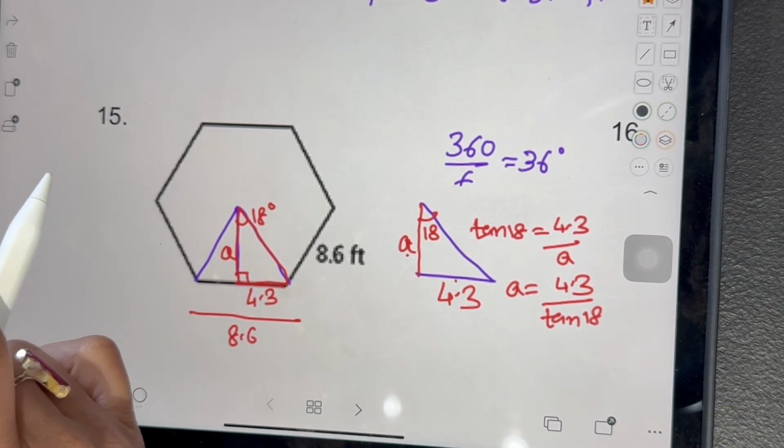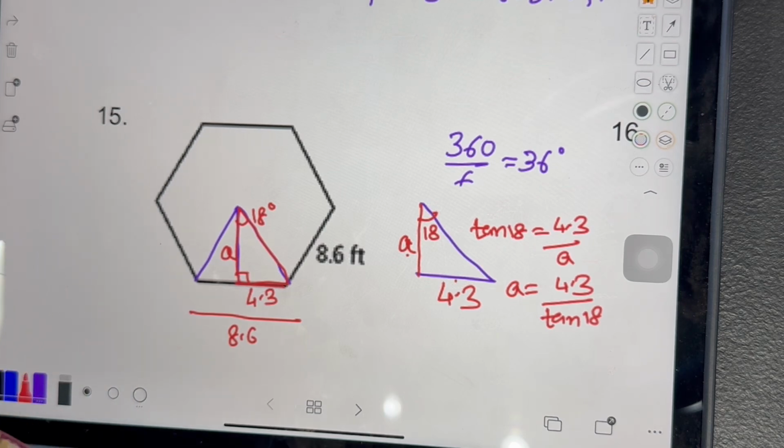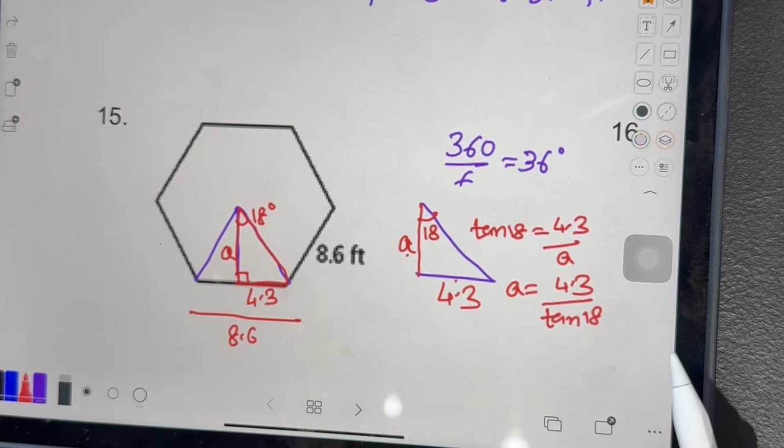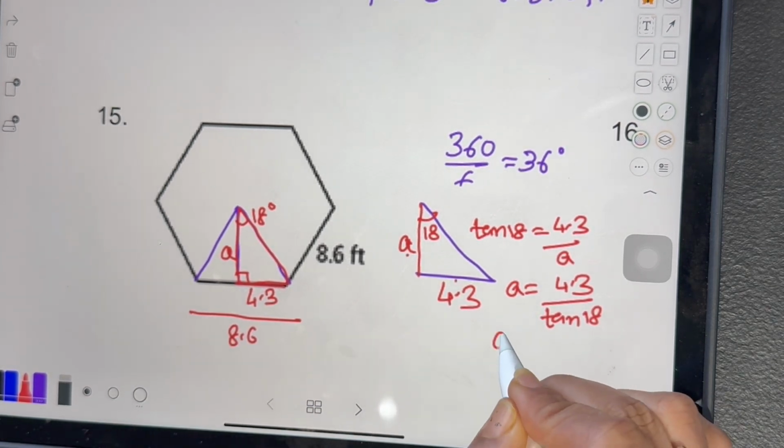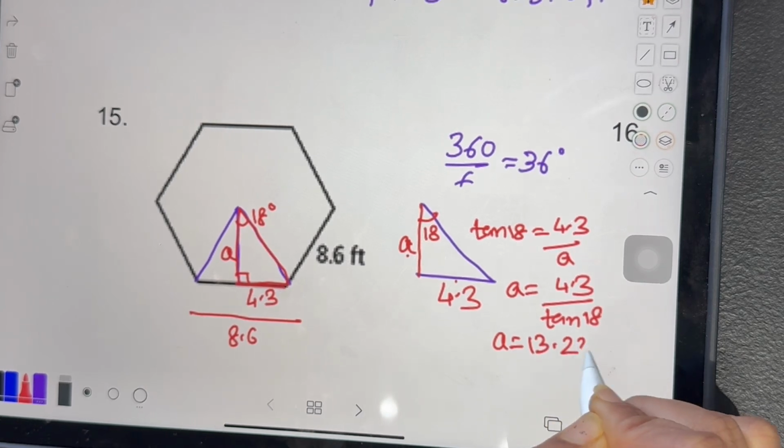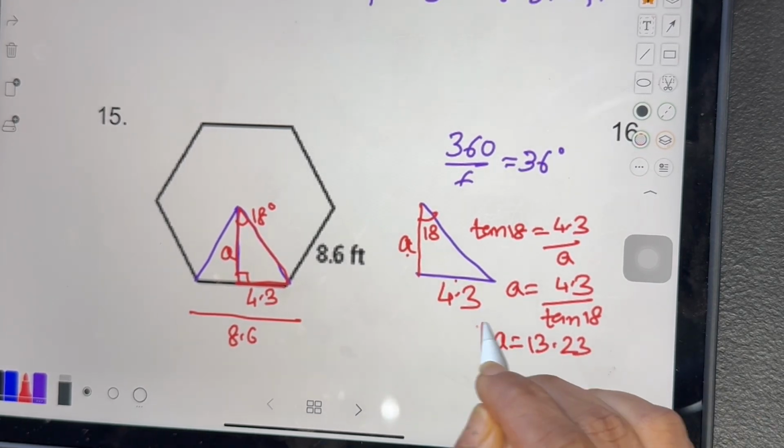Let me double check. Yes, my TI-84 is in degree mode. So A is equal to 4.3 divided by tangent of 18. I hope you have the concept of trig ratios. And I got 13.23, rounded to the hundredths place. So A is equal to 13.23. So I got my apothem.